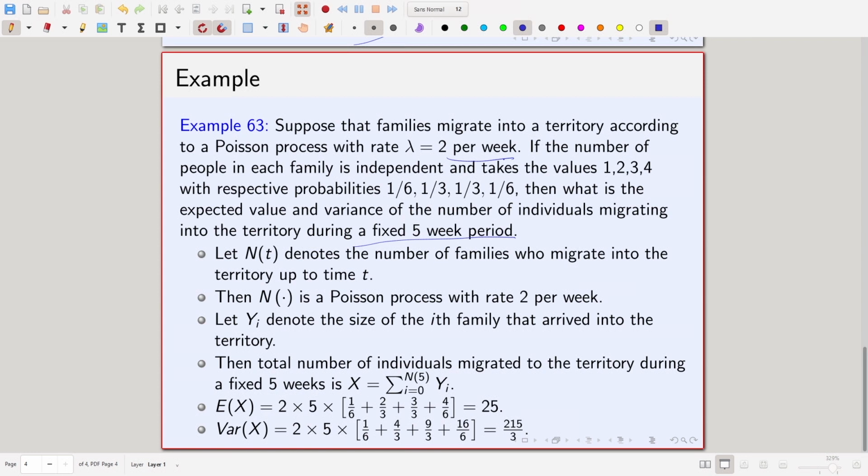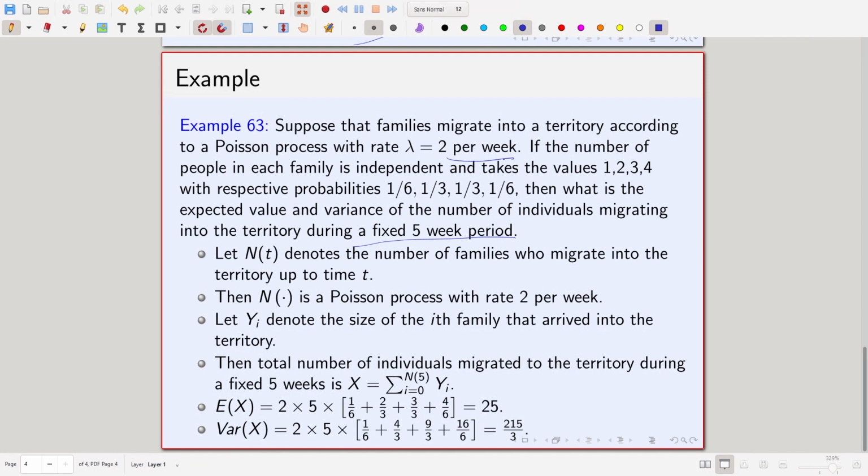Now, each family that migrates will have 1, 2, 3 or 4 members with certain probabilities. You are asked the mean and variance of the number of individuals who migrate into the territory in a given period of 5 weeks.